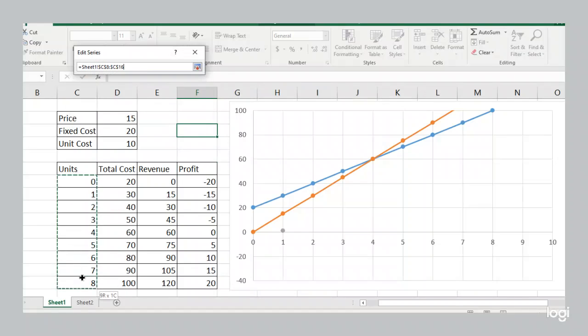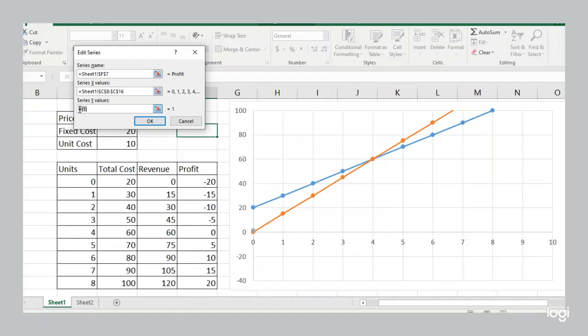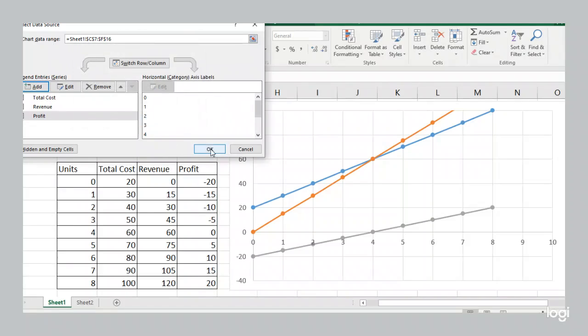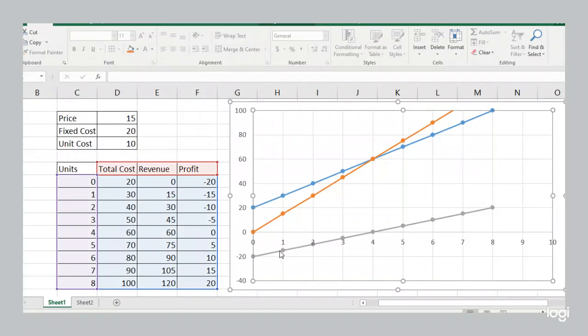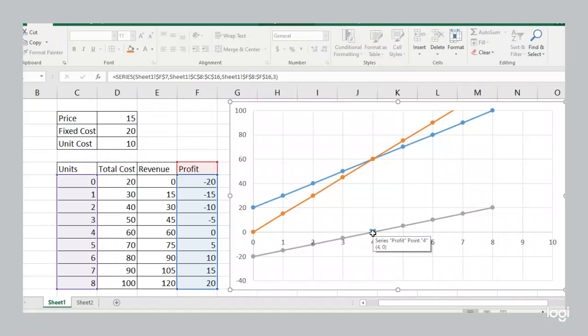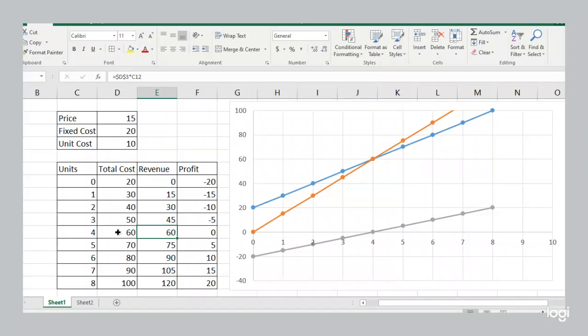Our x values are the same, and our y values are here. So that gray curve, that's our profit curve. And if you look, what happens at 4, at our break-even point? Well, that's when profit is 0. That's why it's called the break-even point. You've brought in as much as you've spent. Your profit is 0. After that, your profit becomes positive.